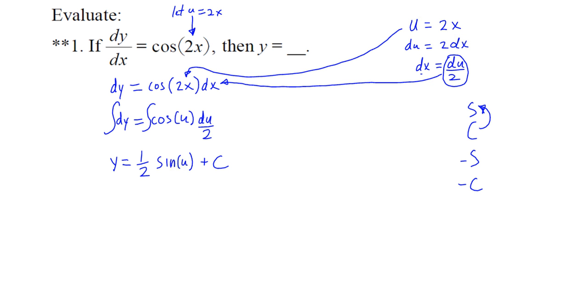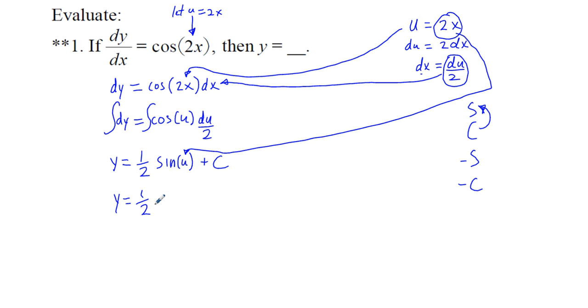And then the last thing we're going to do is substitute back in for u. So we're going to take this 2x here and substitute it back in for u. So we end up with y equals 1/2 sine of 2x plus c.